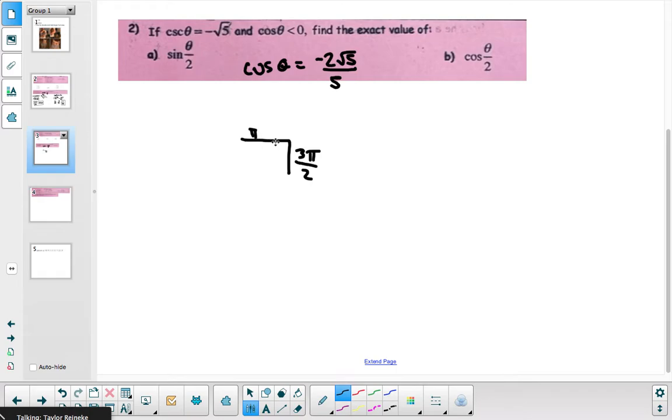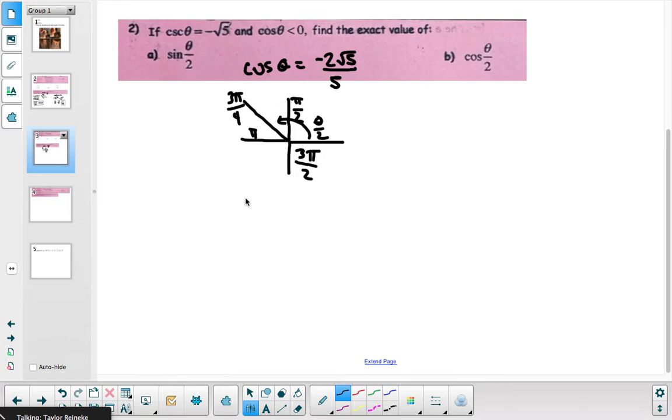If I divide pi by 2, it's pi over 2 over here. If I divide 3 pi over 2 by 2, it's 3 pi over 4. So theta divided by 2 should be somewhere in between pi over 2 and 3 pi over 4. Okay? Just by dividing this by 2, we get that information.